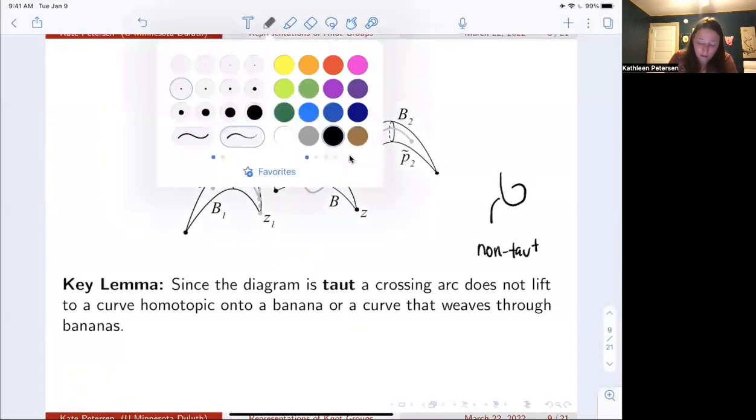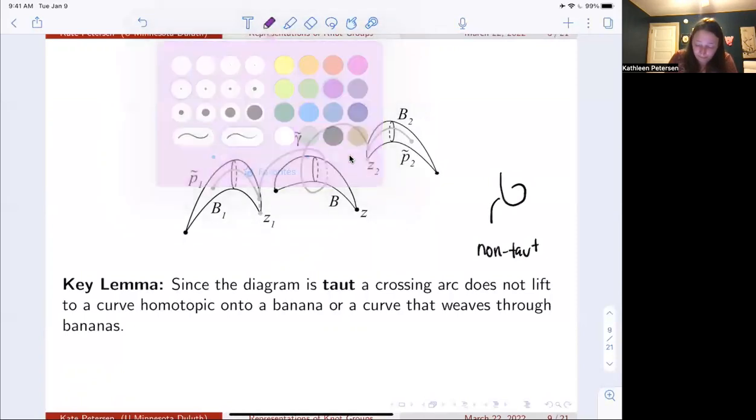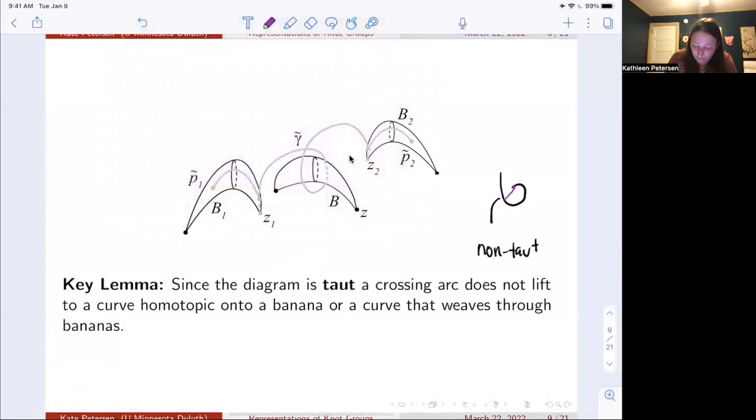Here, if I draw a gamma, this gamma, I can just homotope it onto the boundary. So that's one part of the definition of tautness that cannot happen. You cannot be homotopic to a boundary. And then this more complicated situation, you can show it doesn't occur.